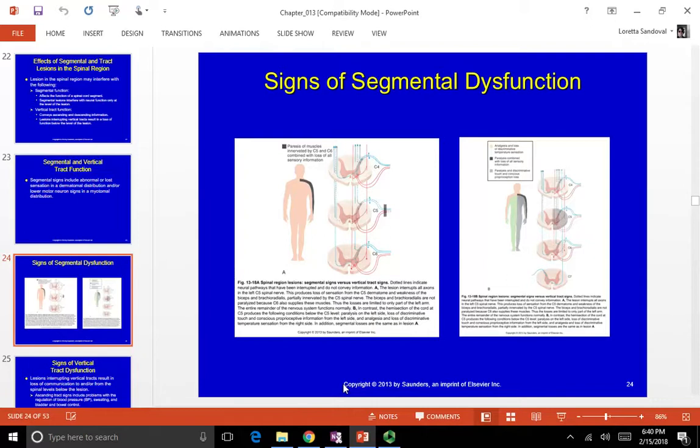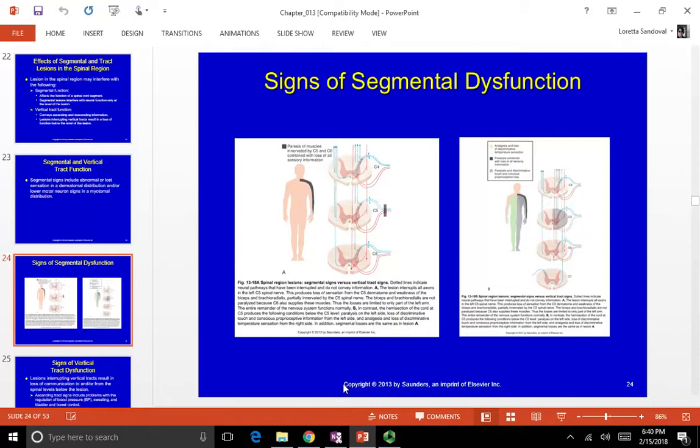In the second picture on the right, it's a hemisection of the spinal cord at C5, producing conditions below the level of the lesion, so below the C5 level, paralysis on the left side, loss of discriminative touch and conscious proprioceptive information from the left side, and analgesia and loss of discriminative temperature sensation from the right side.